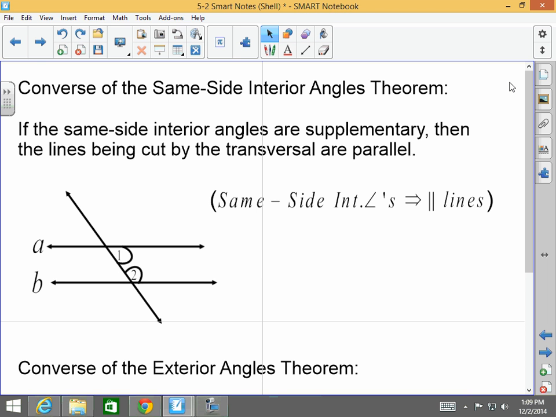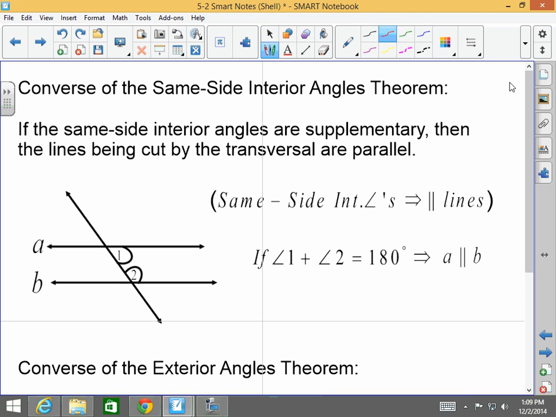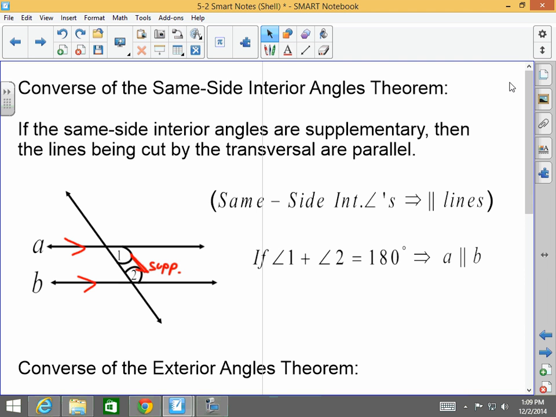And they can only be supplementary if angle 1 plus angle 2 equals 180. If angles 1 and 2 are supplementary, these guys right here, then you know that line A has to be parallel to line B.